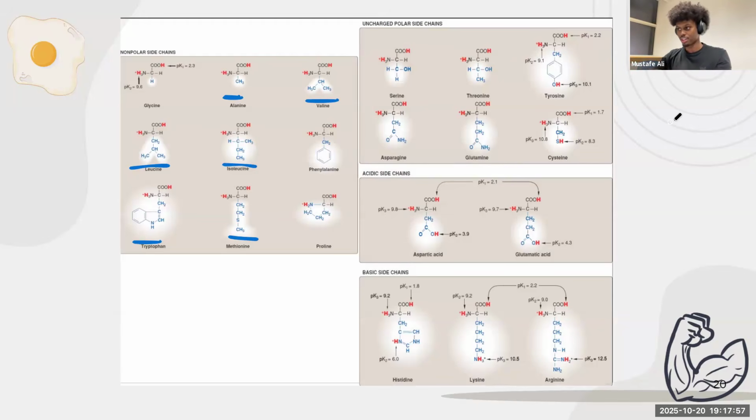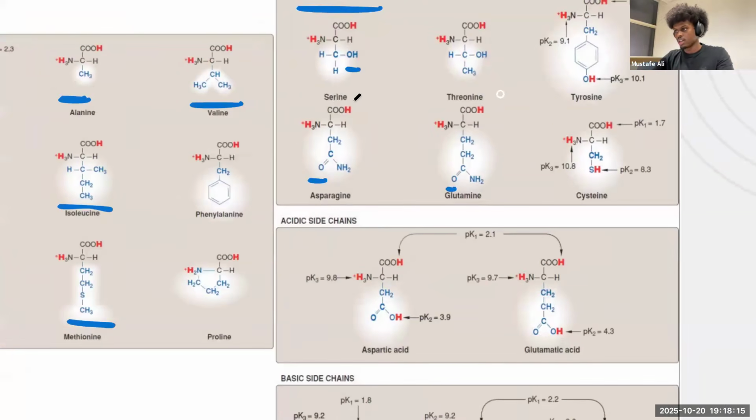Now, for the polar amino acids, what's characteristic of them? They have a hydroxyl group or they have a double bonded O, okay? And this is what makes them polar or what makes them love water, all right? So if they have a double bonded O like here, or an OH like here or an OH like here, it's either one.